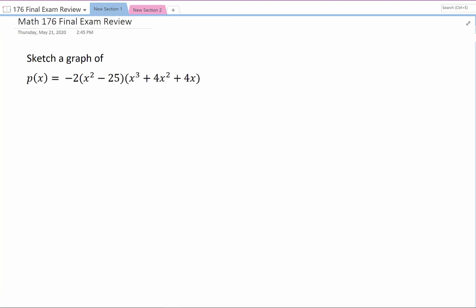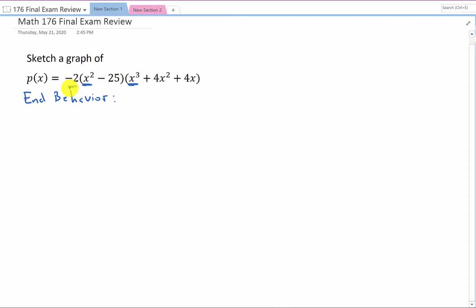So the leading term, it's not in its standard polynomial form. It's broken up into factors. So if we're going to figure out the end behavior, we've got to identify the leader. Now, this part of it has a leader of x cubed. This second factor has a leader of x squared.